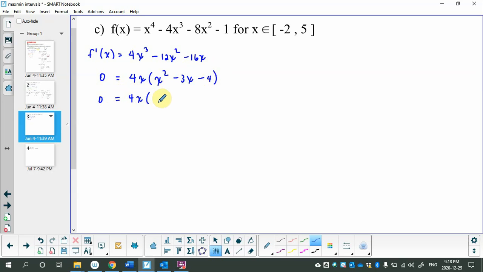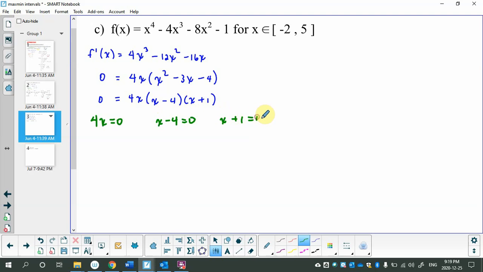So isn't it good that we did a lot of factoring in, I don't know, grade 10, grade 11, and advanced functions? Two numbers that multiply to be 4, that at the same time add or subtract to be 3. Green pen time. 4x is equal to 0. X minus 4 is equal to 0.